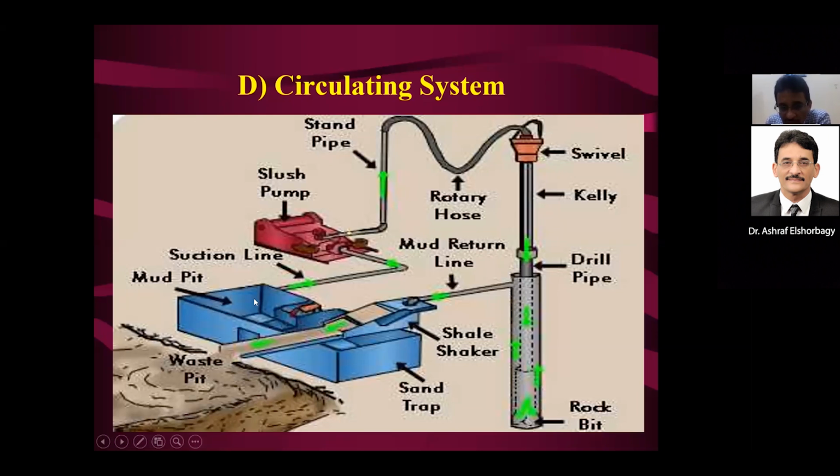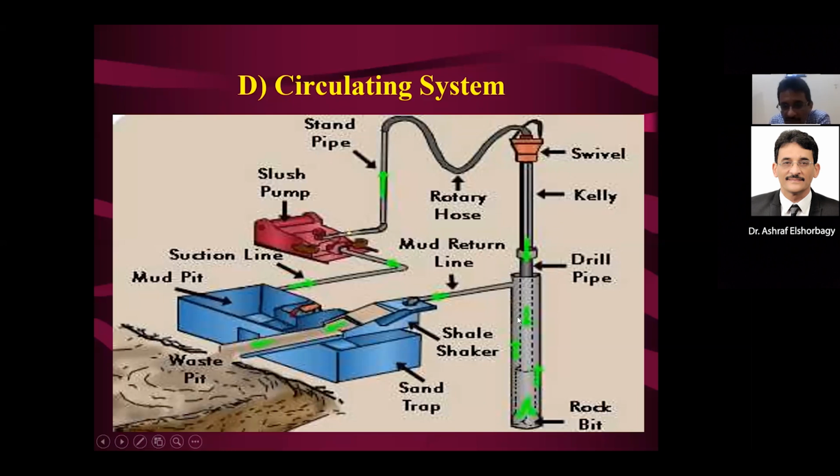We have sensors at the bit first, and after this at the pump. From the pump, the mud moves to the stand pipe, and from the stand pipe the mud moves through the rotary hose to the drill string. From the string it goes through the nozzle of the bit and comes out to the annulus, which is the space between the string and the hole.